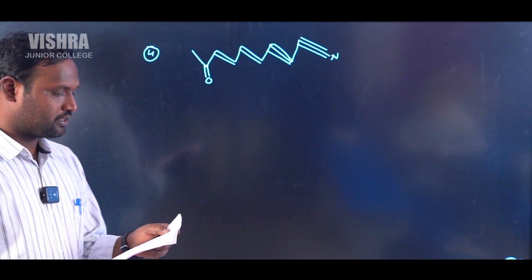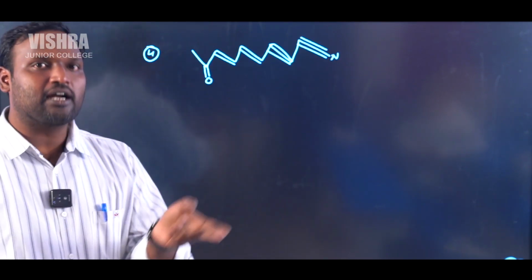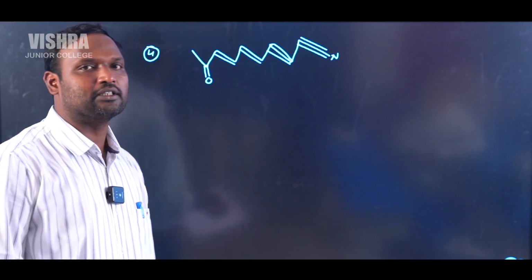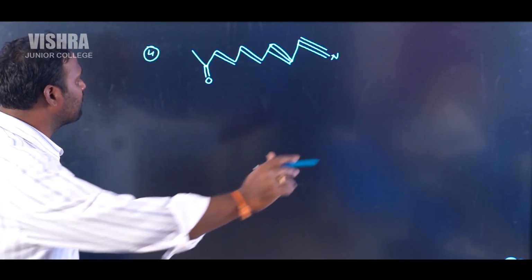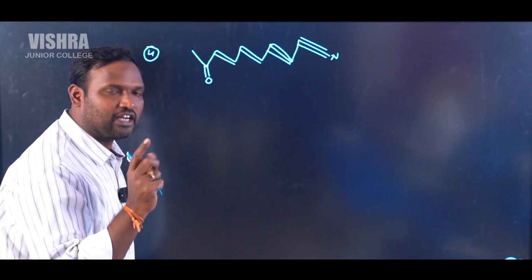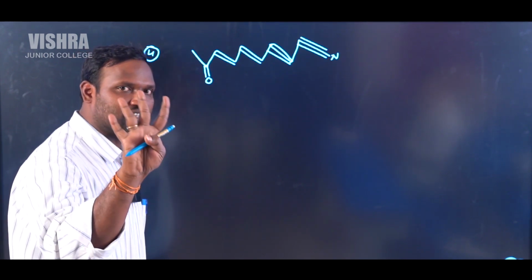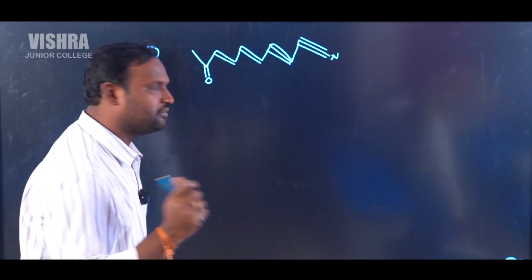So find the total number of sp and sp2 hybridized carbon atoms in this. Already you know, whenever a carbon atom is bonded with 3 sigma bonds, it is sp2, whenever carbon is bonded with 2 sigma bonds, it is sp, and whenever carbon is bonded with 4 sigma bonds, it is sp3.